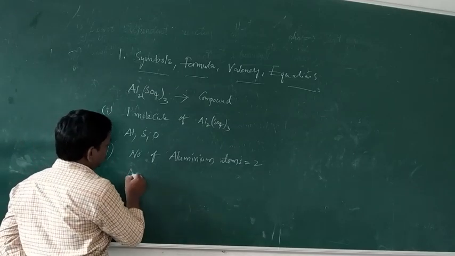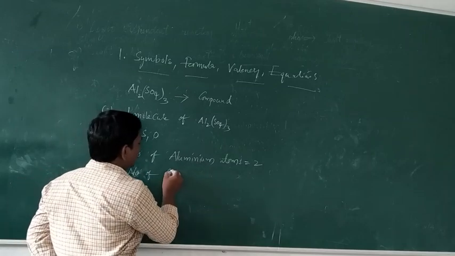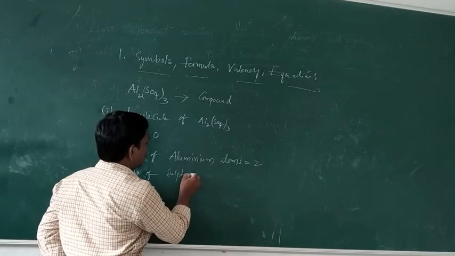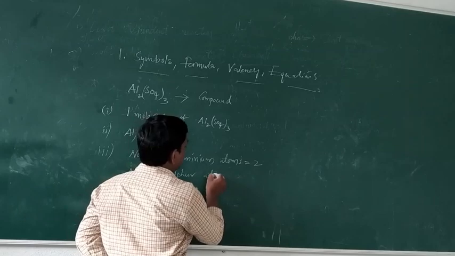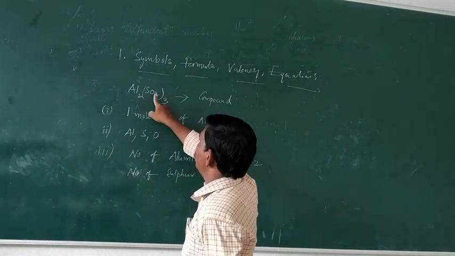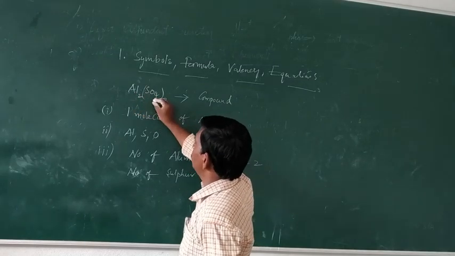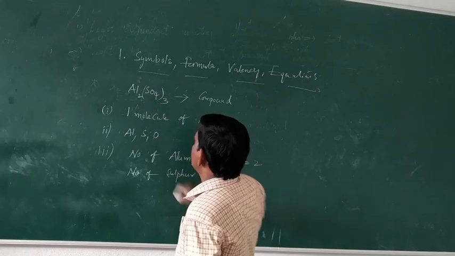Number of sulfur atoms: 3. In Al2(SO4)3, how many? Only 3 sulfur atoms.